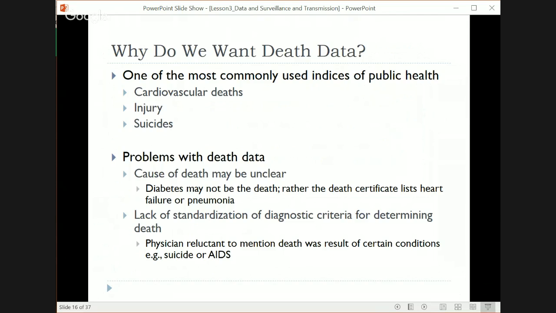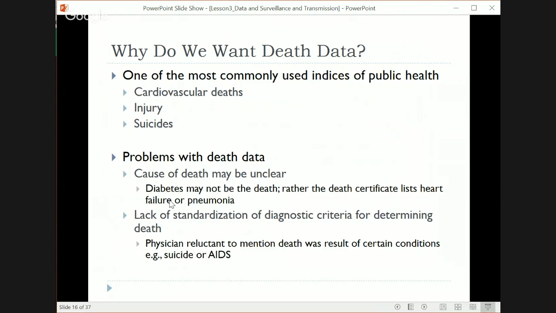The last thing you should know about death data is that there are a lot of problems. I alluded to this earlier when I said that states don't record the information in the same way. All deaths are documented, but it might not be documented in the same way. The other problem is that the cause of death may be unclear. Diabetes may be the cause of death, but the death certificate might list heart failure or pneumonia.